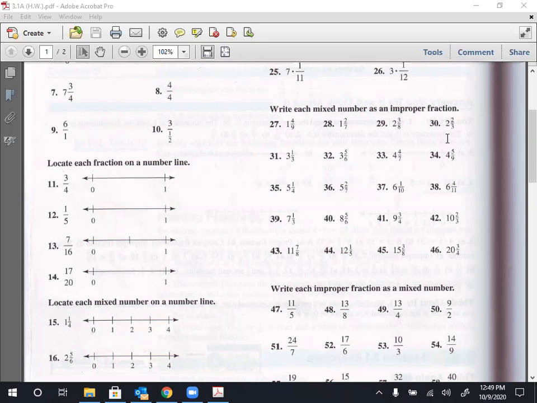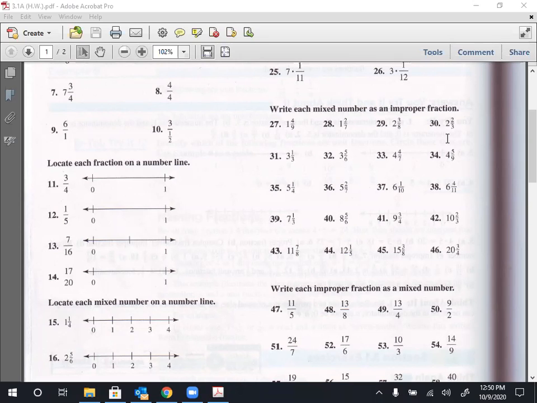So for numbers 11 through 14, you need to mark the number line. And so the bottom number, the denominator, tells you how many pieces to mark. Okay? So you're going to mark 4 pieces.